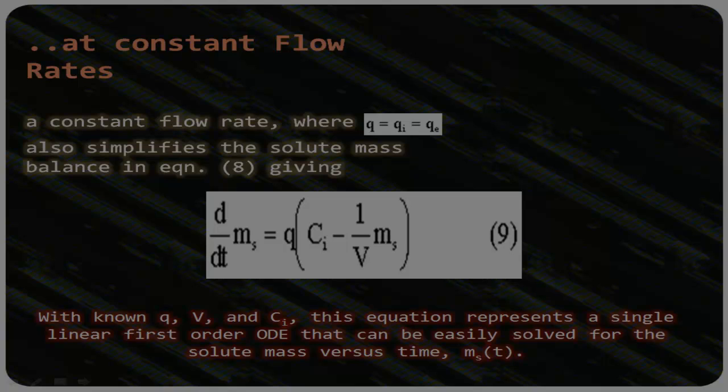With known Q, V, and Ci, this equation represents a single linear first order equation that can be easily solved for the solute mass versus time, which is Ms as a function of time.